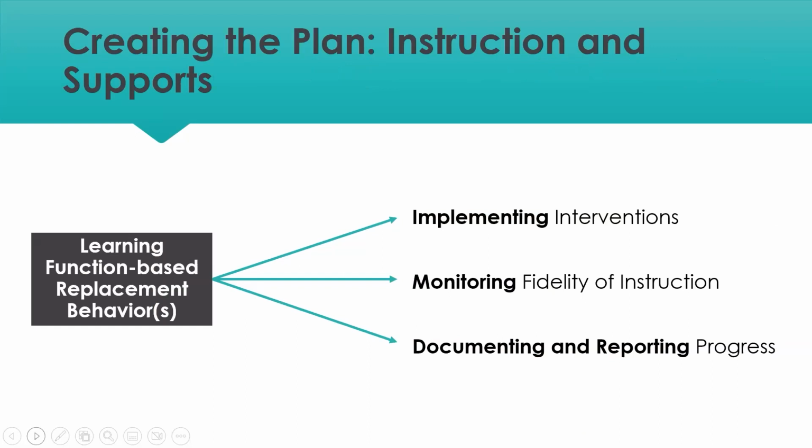So now, here comes the next hard part. And I have seen the best behavior plans not work because of simple things. So when you're going to implement your interventions, you have to monitor the fidelity of the instruction. Fidelity is huge.